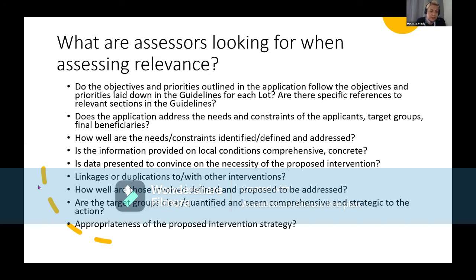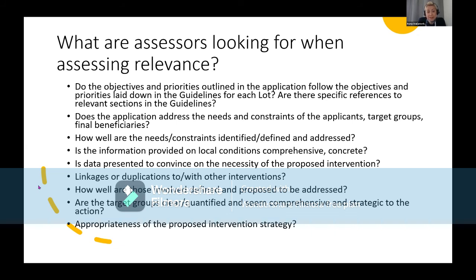The second question with regards to relevance would be, does the application address the needs and constraints of the applicants, target groups, and final beneficiaries? How well are the needs or constraints identified or defined and addressed? Is the information provided on local conditions comprehensive and concrete?